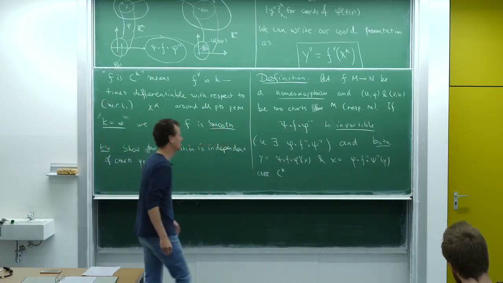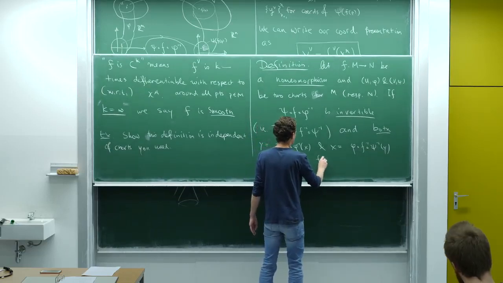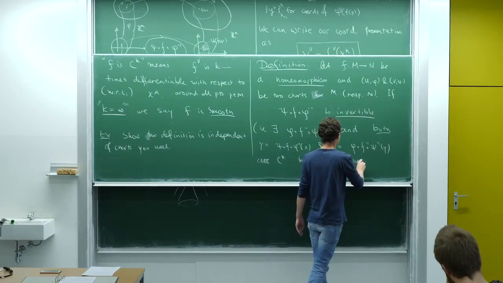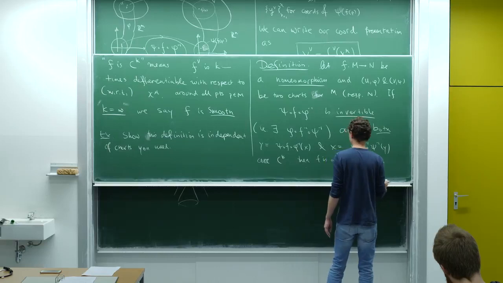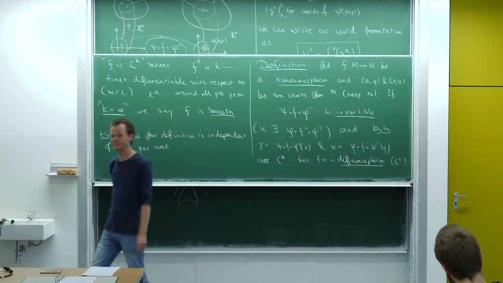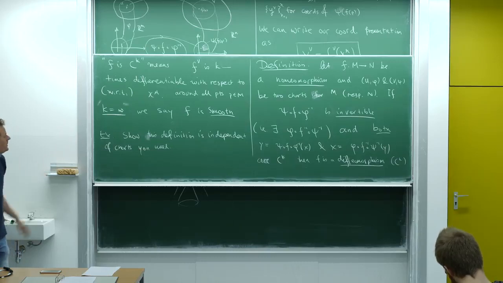It's called a C^k diffeomorphism. Diffeomorphisms are really special. They're nice smooth functions, and their inverses are smooth functions when k is infinity.